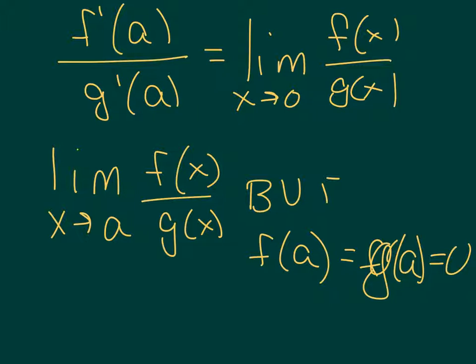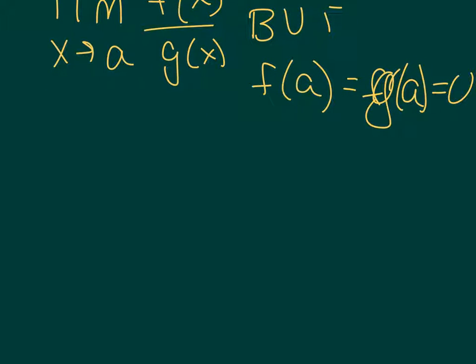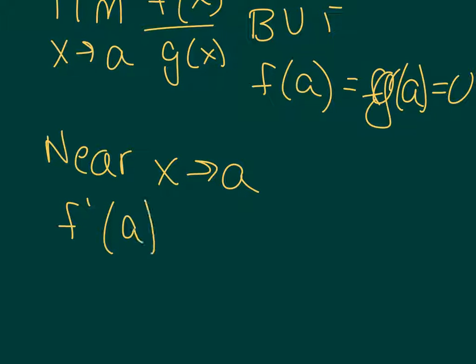Here's what we can do, though. Near x is equal to a, we can approximate these difficult functions by using the tangent line. So what we know is near x is equal to a, whatever this function is, we have the derivative of the tangent line. And we know we have an ordered pair, a, f of a.